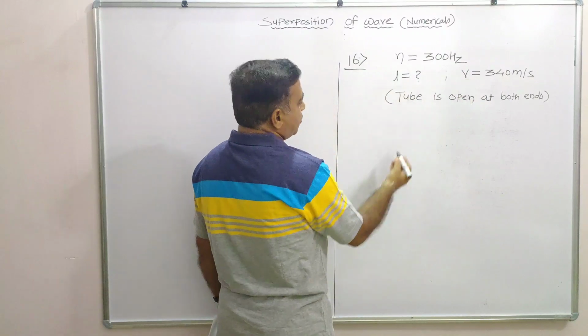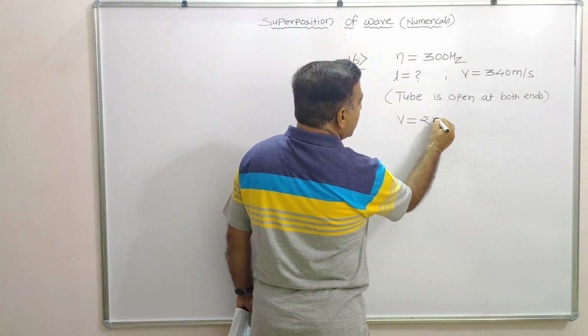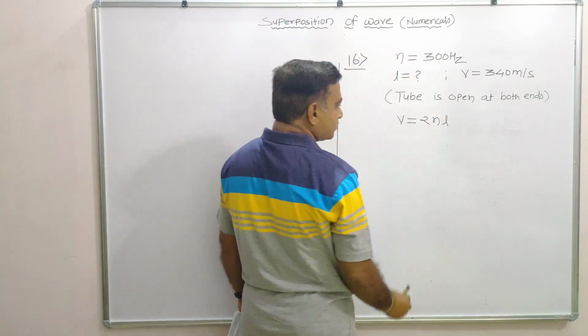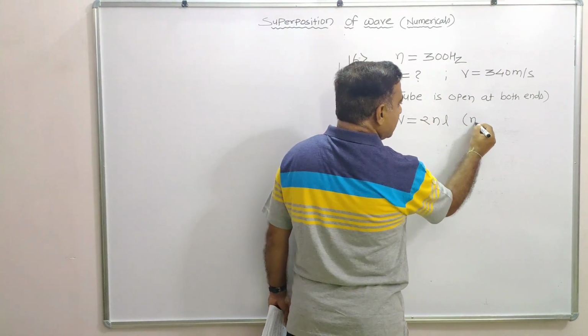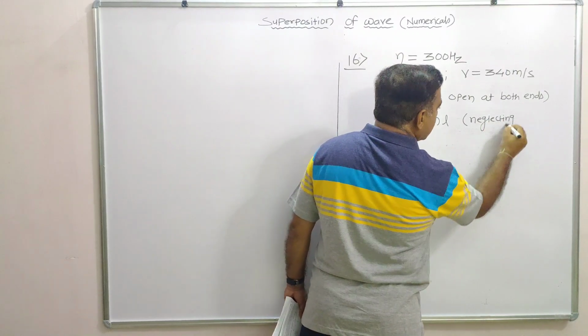If the tube is open at both the ends, we know the velocity formula: V is equal to 2nL, neglecting end correction.